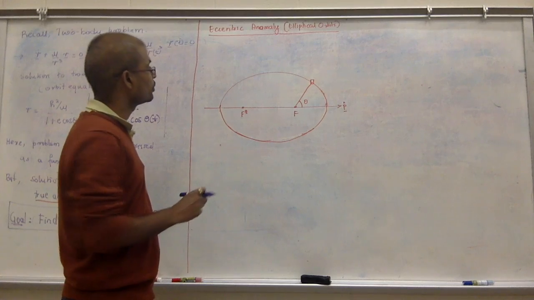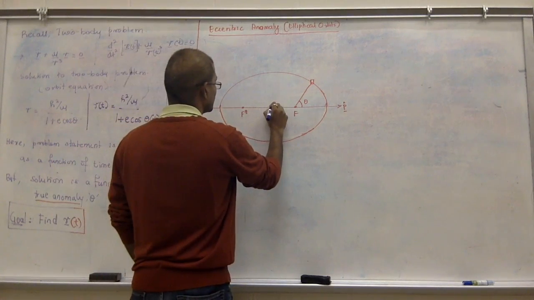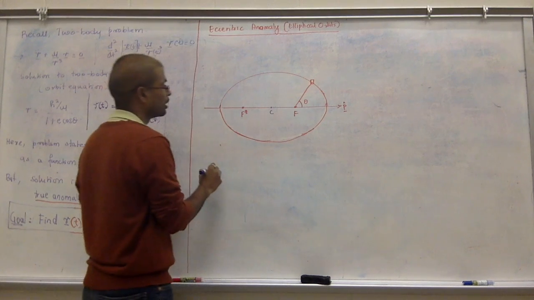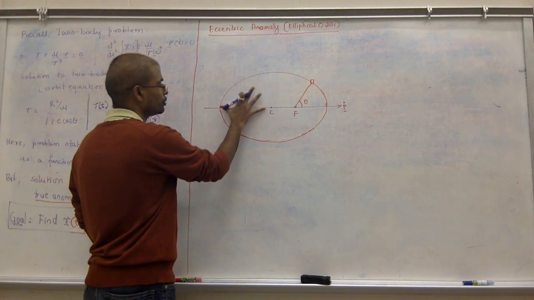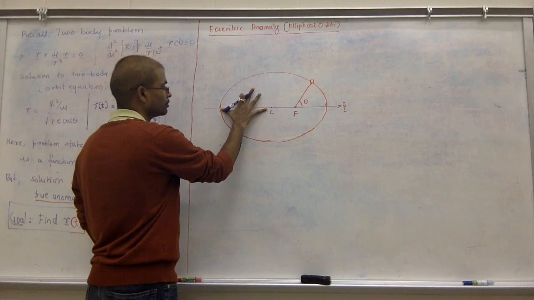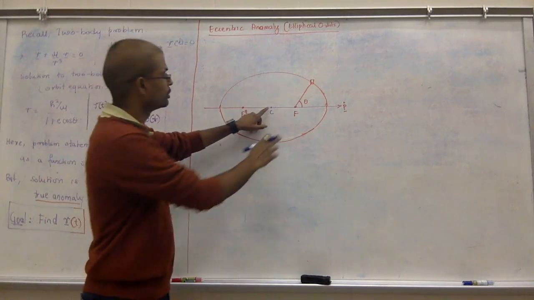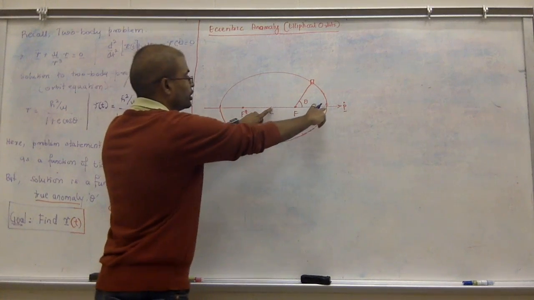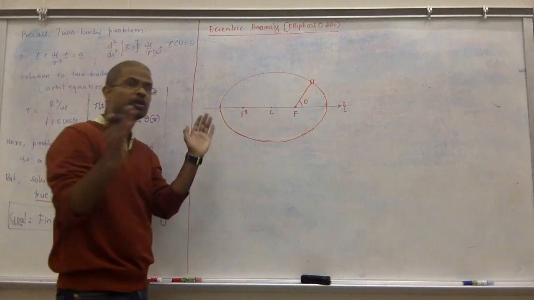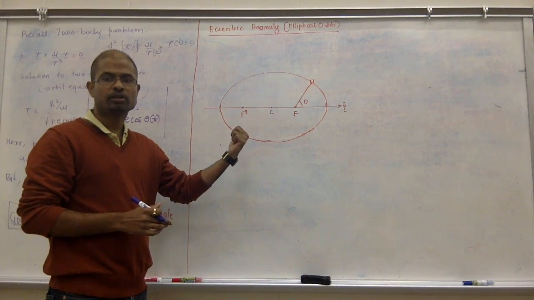So if you want something to be circumscribed, this is the center, and you use the compass, right? You keep the center of the compass here and you circumscribe with the semi-major axis as the radius.